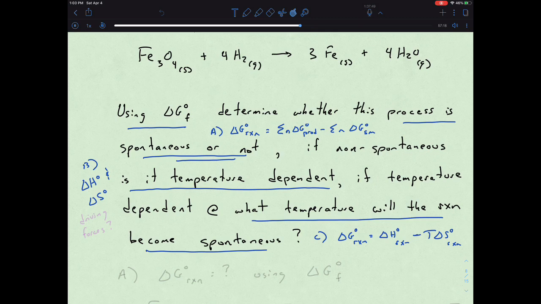With part B, we're looking at this idea of driving forces, to determine whether it's temperature dependent or not, and then going to solve for the temperature if all this falls into place. So let's start with our part A.